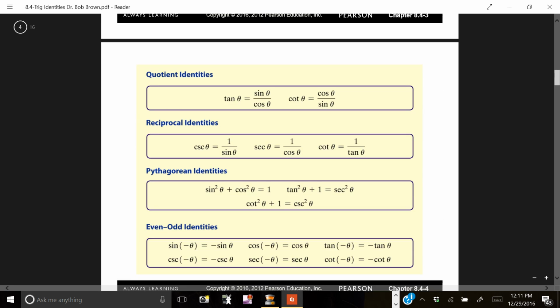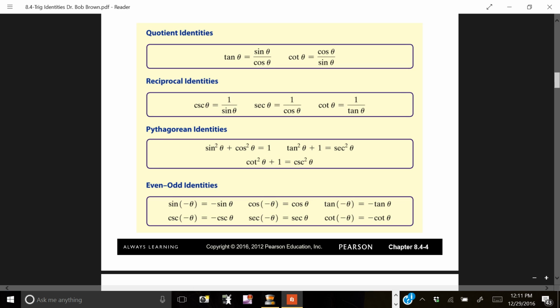Now we're going to look at some identities that you need to remember. There are some identities that I will not require that you remember, but these equations you should know: the tangent function is exactly equal to the sine function over the cosine function. The cotangent function is equal to cosine of theta over sine of theta. And then the reciprocal identities: cosecant of theta is 1 over sine of theta.